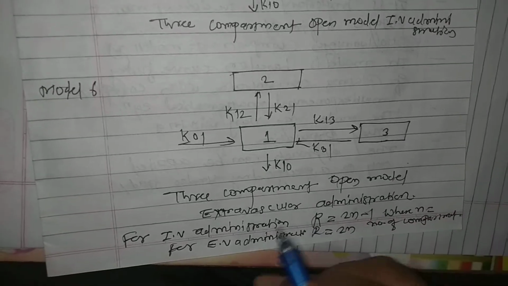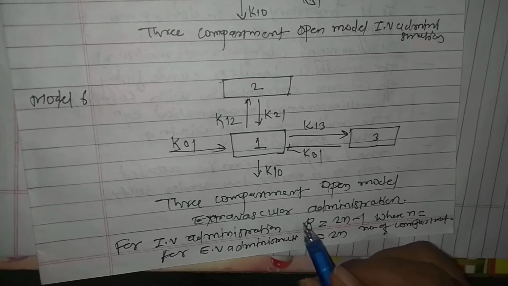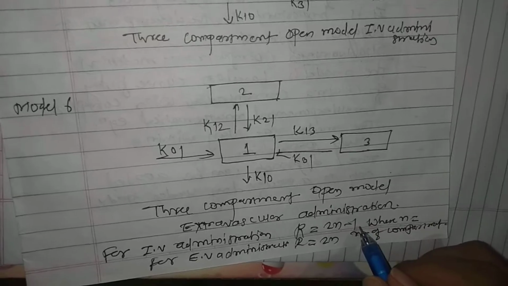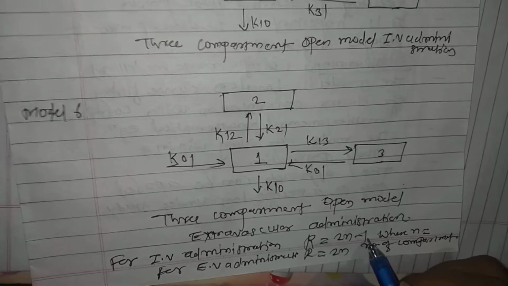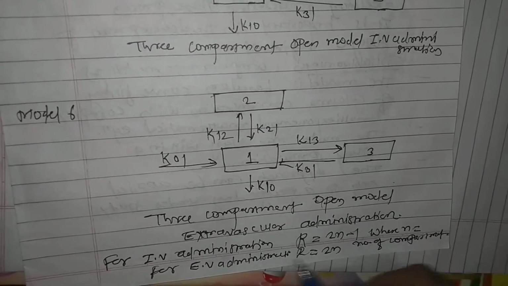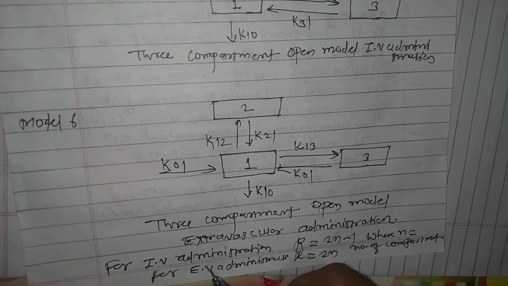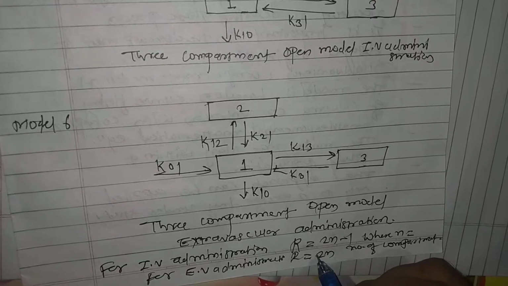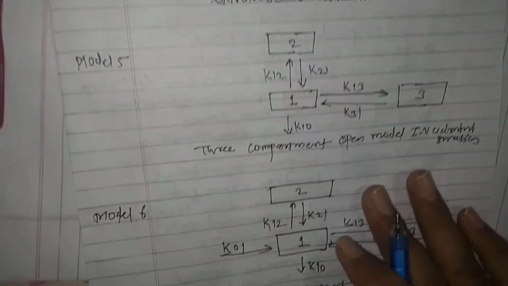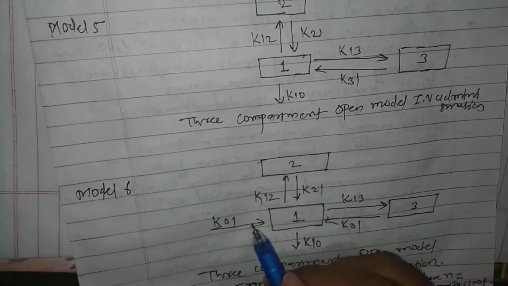For IV administration, R is equal to 2n minus 1, because there is no absorption phase, where n is the number of compartments. For extravascular administration, R is equal to 2n.